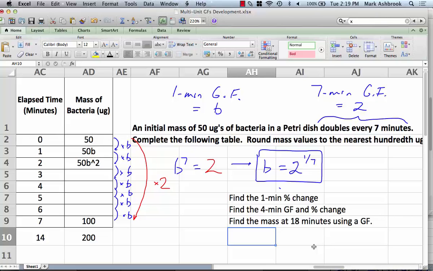Okay. Yeah, that'll work. There's an easier way. You just don't have to multiply it. You don't have to use the power of 4. Just use any power to get mass at 18 minutes. Just use the 4-minute growth factor one time. Why would you just do that?